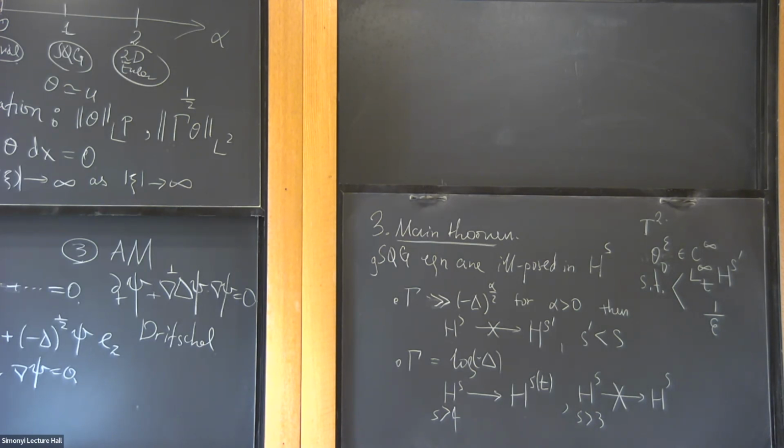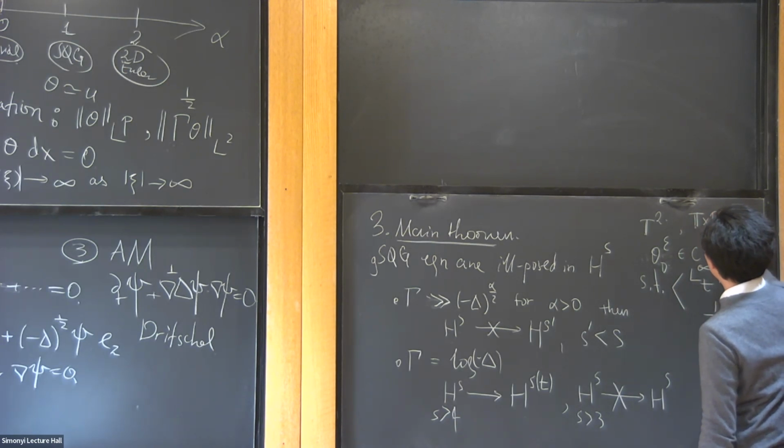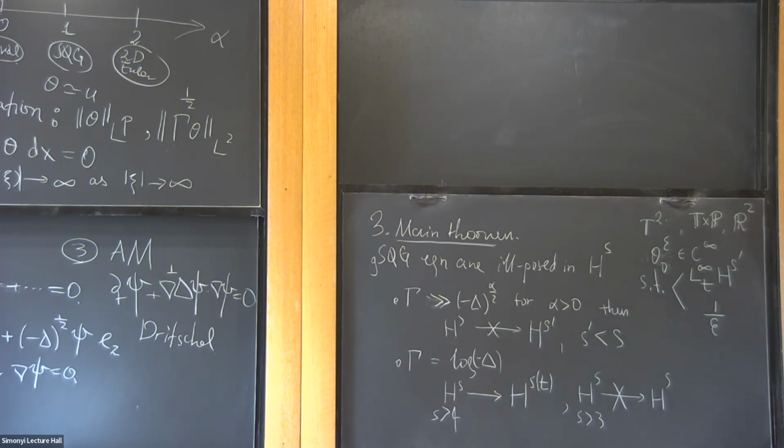Using this as a building block, when the domain is either T times R or R^2, we can actually prove non-existence because you can just attach these building blocks in the non-compact direction.